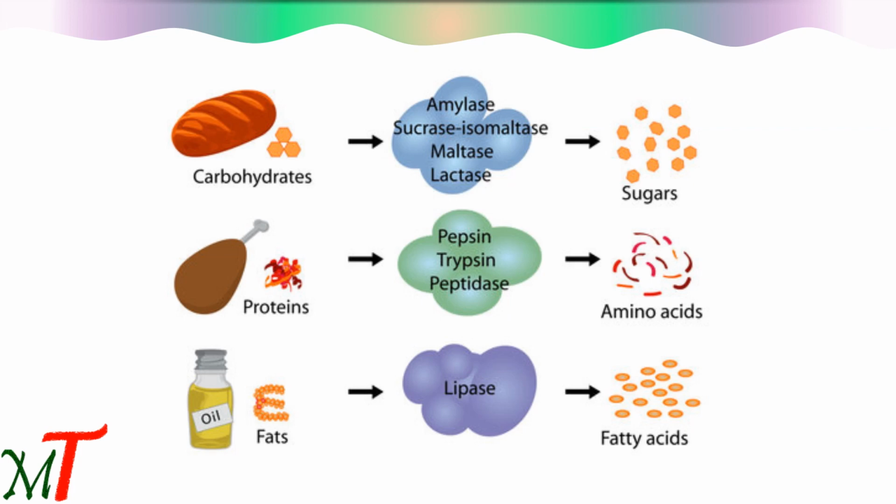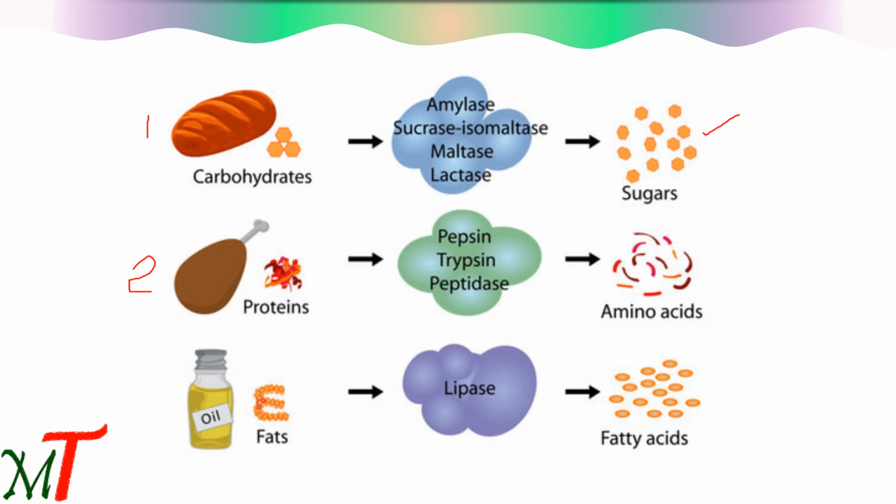Any food we eat contains three types of food materials. The first one is carbohydrates. Carbohydrates change into small food particles, like sugars. The second food material is proteins.